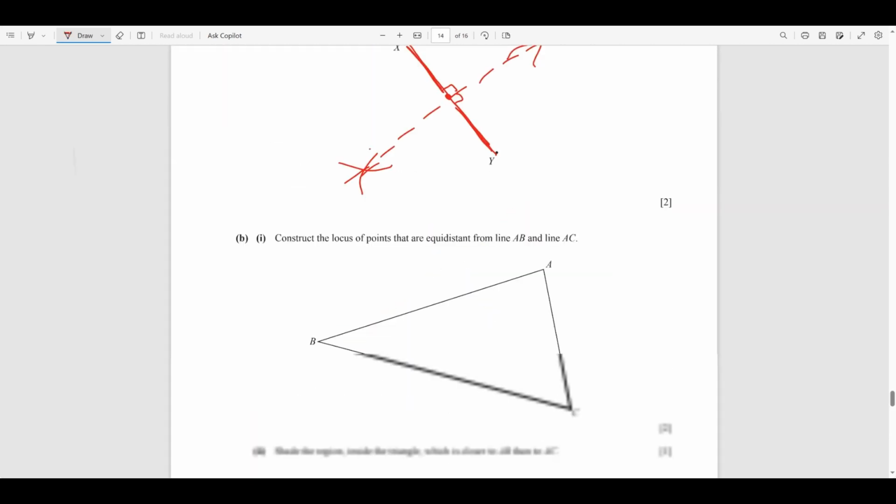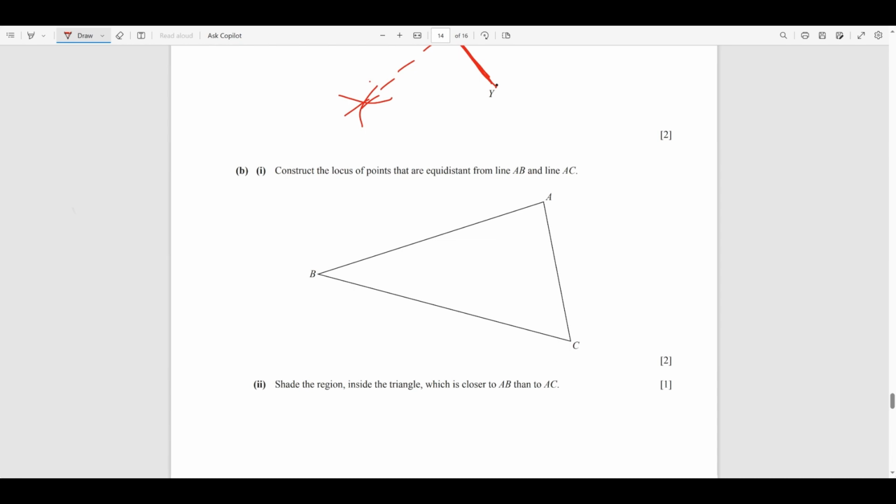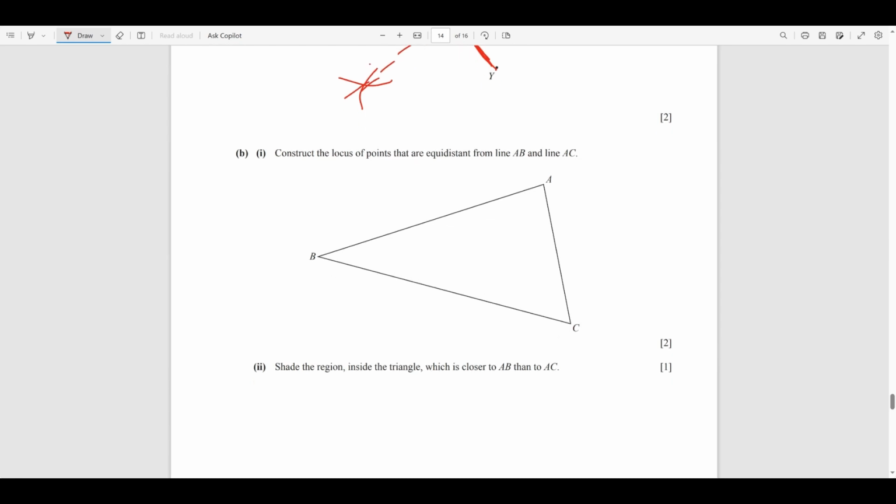Part B1, construct the locus of points that are equidistant from the lines AB and AC. When we're talking about the lines AB and AC, we are talking about the angular distance between them, so we have to divide it equally, which means we need an angle bisector. So we need to bisect the angle A, which is between AB and AC. For the angle bisector, put the compass needle on A with any radius, make an arc here and here.